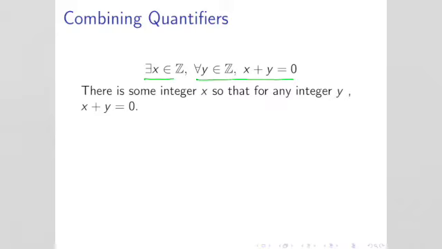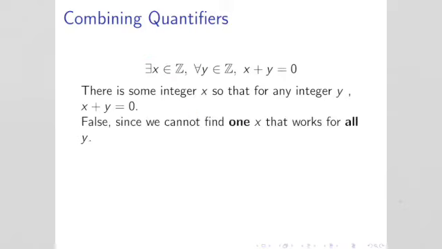So if you wanted to prove that this is true, you'd have to be able to exhibit some x. Show me an x that works. What does that mean? If you give me y, well, you don't give me y. I have to choose x first, and it has to work for every possible y. And that can't happen, right? We can't find a single x that works for all possible y. So this is a false statement.